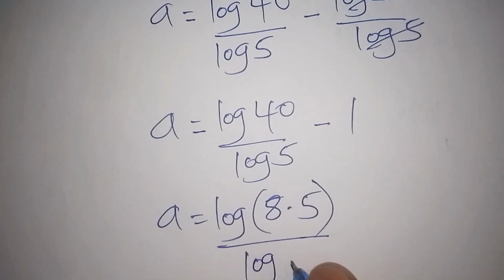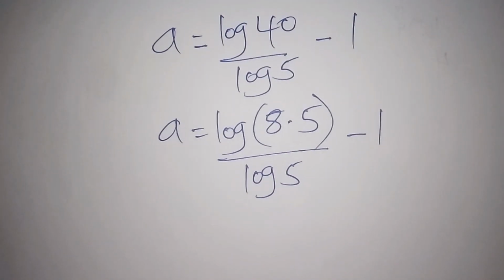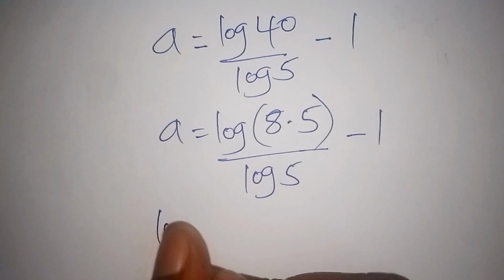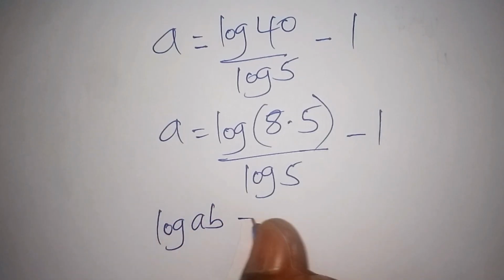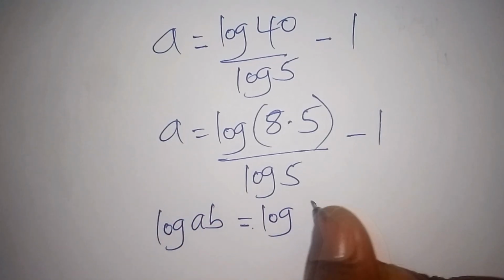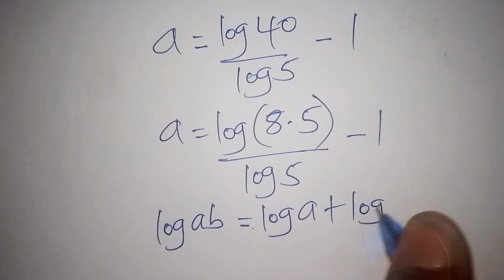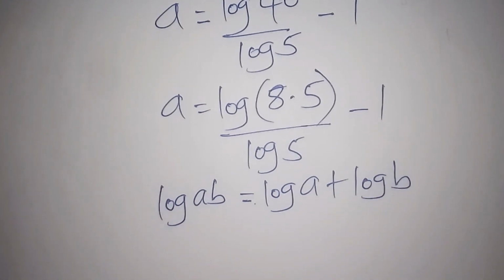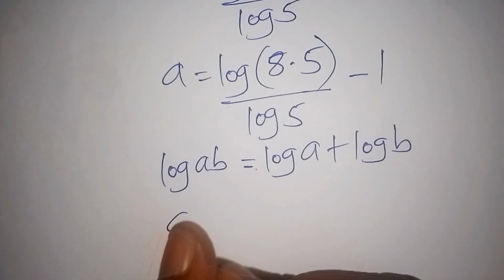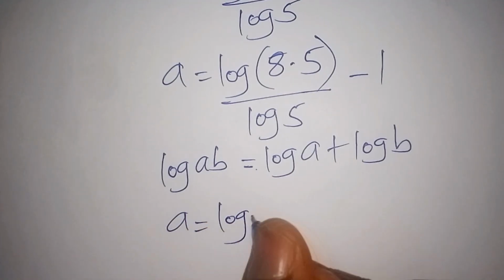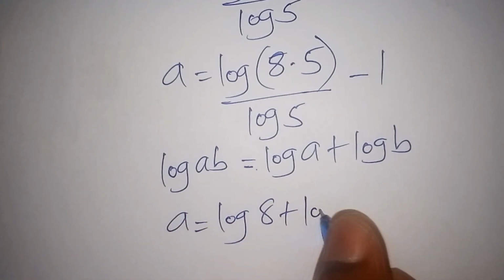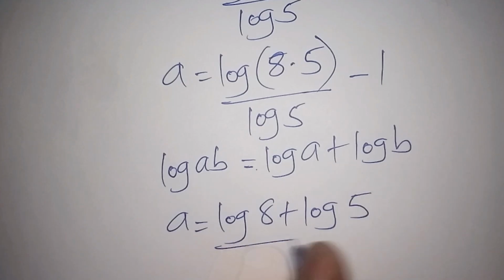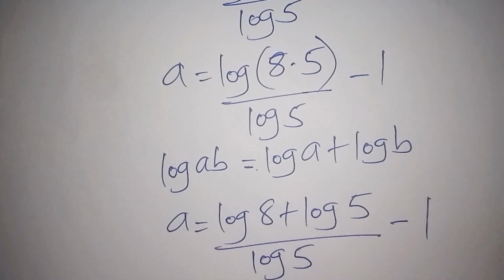When you say that we have the log of ab, this can also be written as the log of a plus the log of b. So the log of 8 multiplied by 5 can be written as the log of 8 plus the log of 5, all over the log of 5, minus 1.